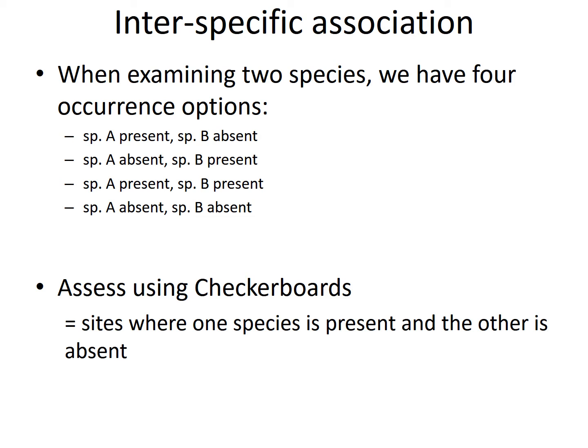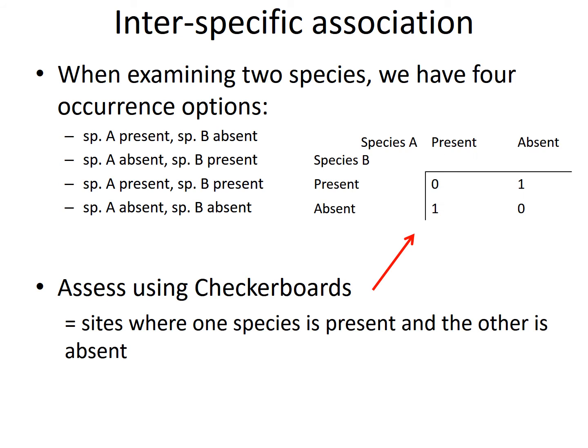And if we add up the number of sites where one species is present and the other is absent, we can analyze that data using something called checkerboards. Now, it's called a checkerboard because if you have a matrix showing where species are present and where they're absent relative to the absence or presence of another species, you'll see that we get this checkerboard pattern where there are zeros in the top right, top left, bottom right, and ones in the other cells.